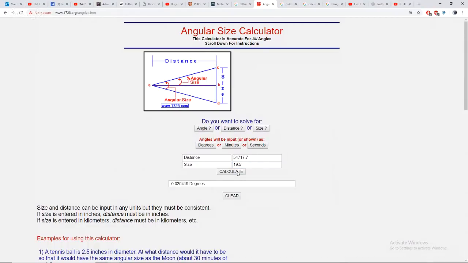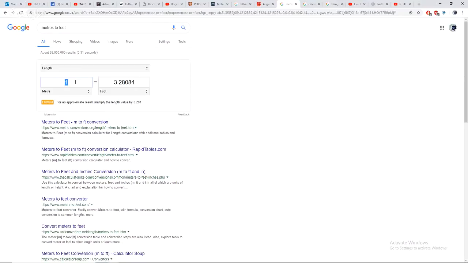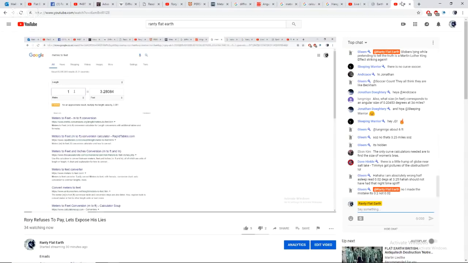That's close enough. So 19.5 meters. So let's do meters to feet. 19.5. Okay, so basically 64 feet, 63.9 feet, 64 feet. So in answer to your question, 64 feet.